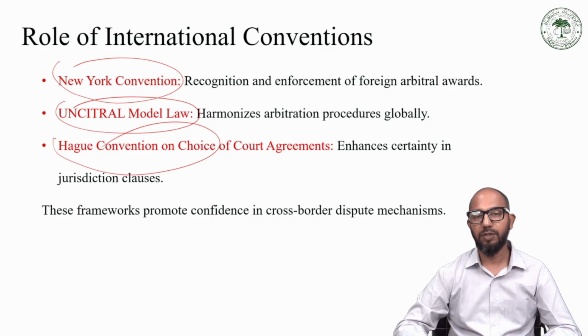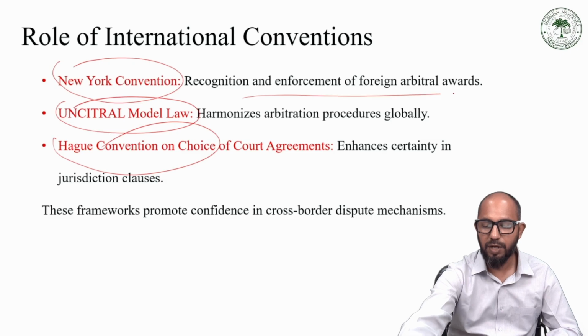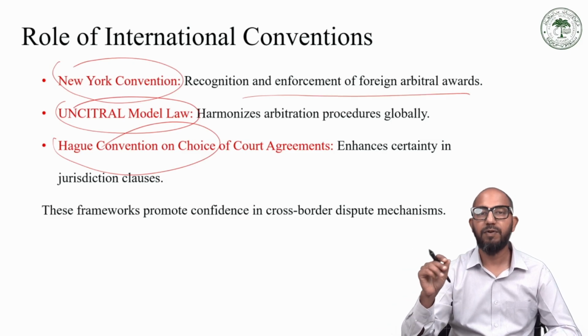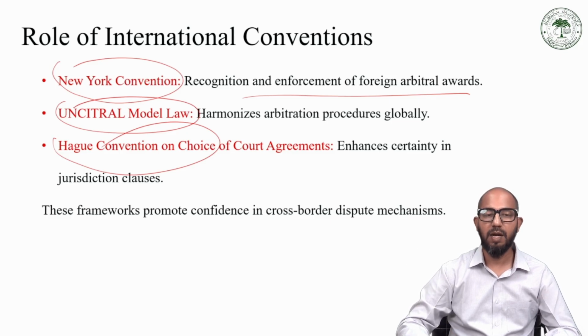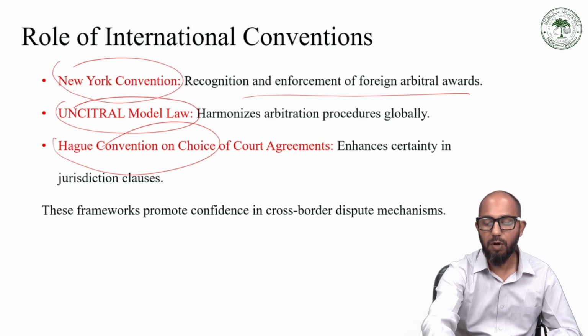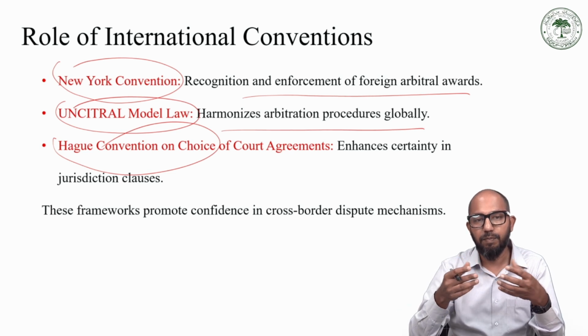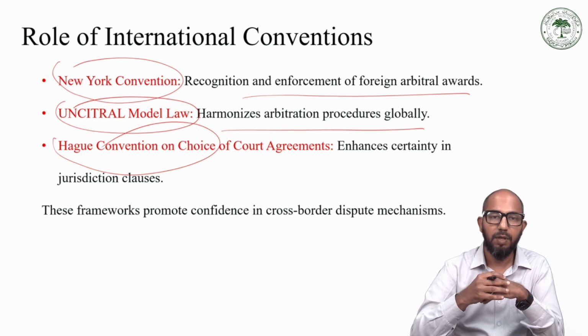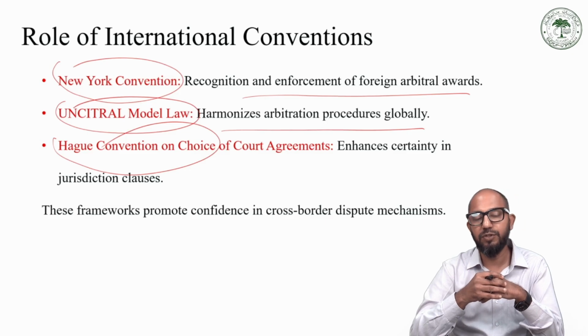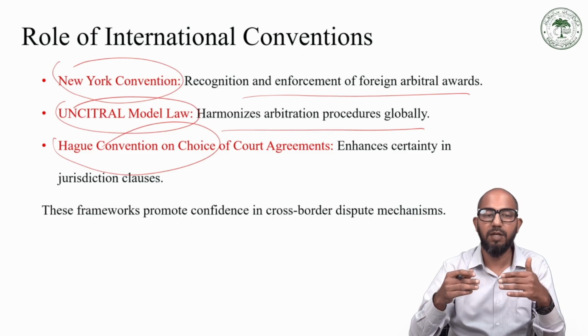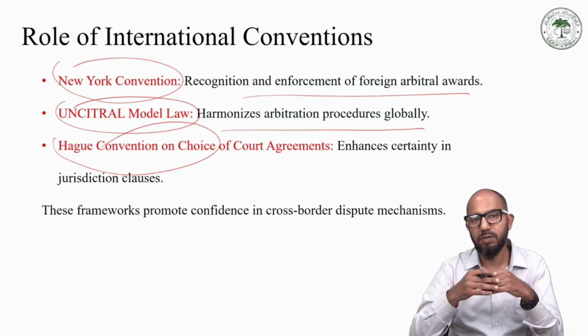The New York Convention is about recognition and enforcement of foreign arbitral awards. On the other hand, the UNCITRAL Model Law harmonizes arbitration procedures globally. And the third, the Hague Convention on Choice of Court Agreements, enhances certainty in jurisdiction clauses.